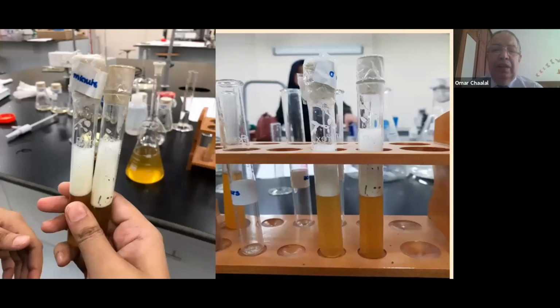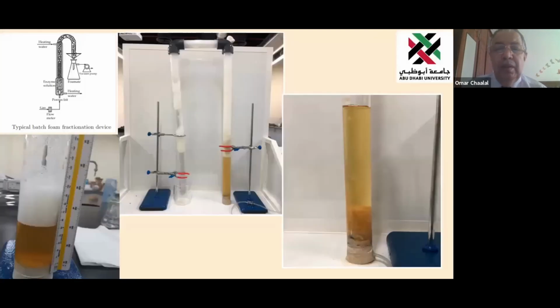Here, this is our lab, and here is how we measure the foam, because the foam is playing a big role in the cleaning. It's like any detergent, by the way. We are not inventing anything new. And this is a column.